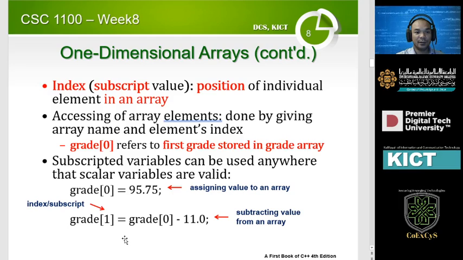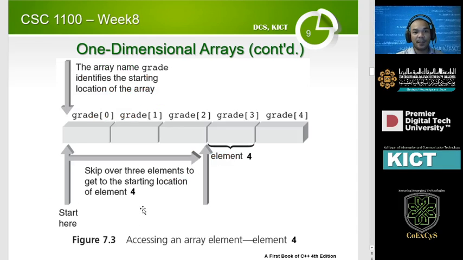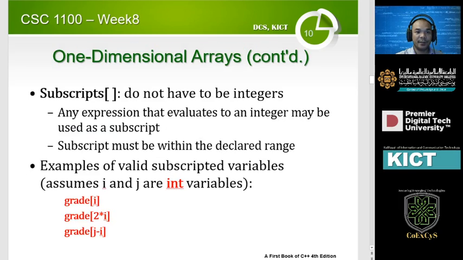So you can also access grade values by determining the index number, and you can do mathematical operations with it, right? So if you have grade 3 here, that basically specifies the fourth element in your array. It will skip the first 3 and go straight to the fourth element, right? All right.